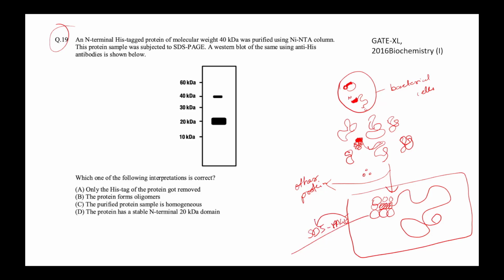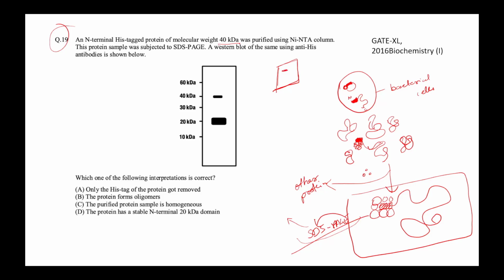In Western blot, we transfer the protein from the SDS-PAGE or polyacrylamide gel to a nitrocellulose membrane. You transfer the protein onto a membrane. If you have purified a 40 kilodalton protein, your purified protein is transferred here.